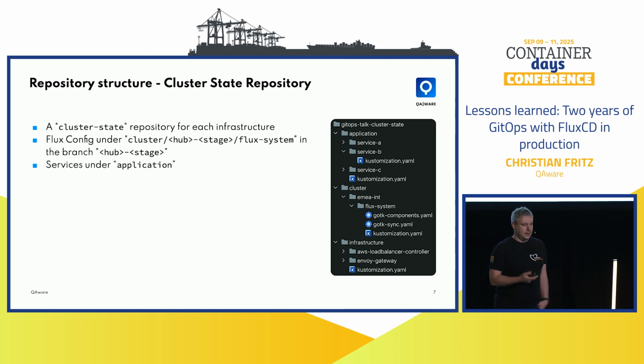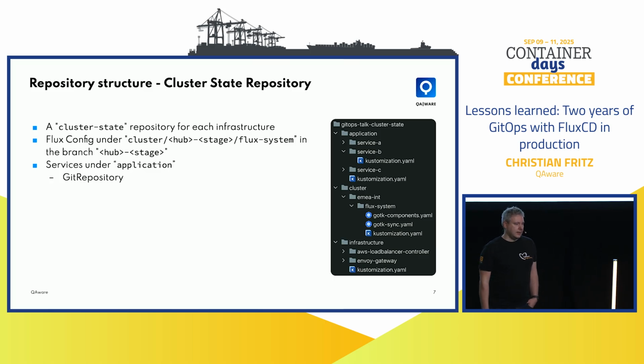All services live under application. So you can see it here: Service A, the customizations, and that also has the link to the application's Git repository where the Kubernetes manifests live.